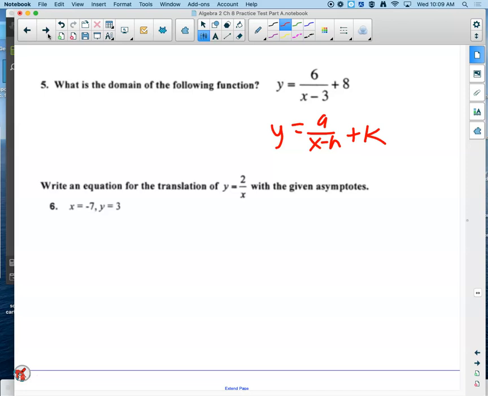So the question is, is there any number that would be bad to use for x? Yeah, 3, because it would make a 0 in the denominator. So it's as easy as that. What can't I use here for x? X can't be 3.